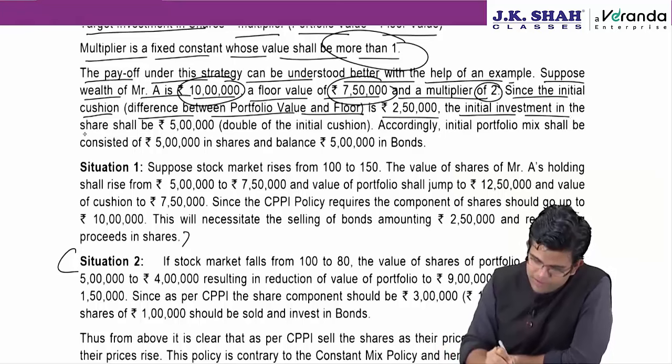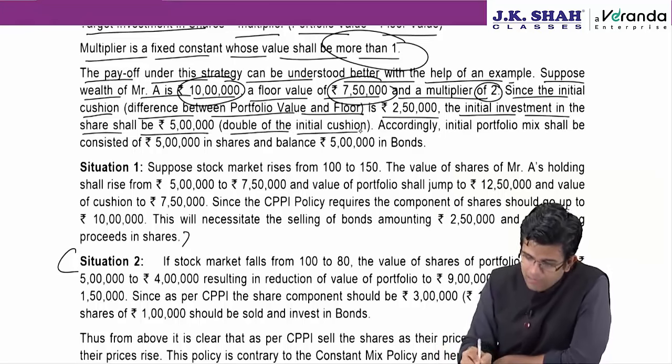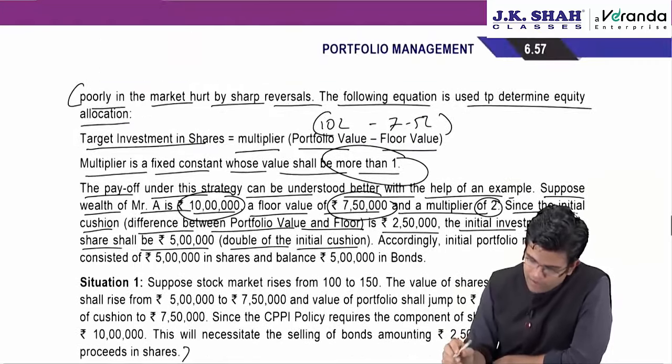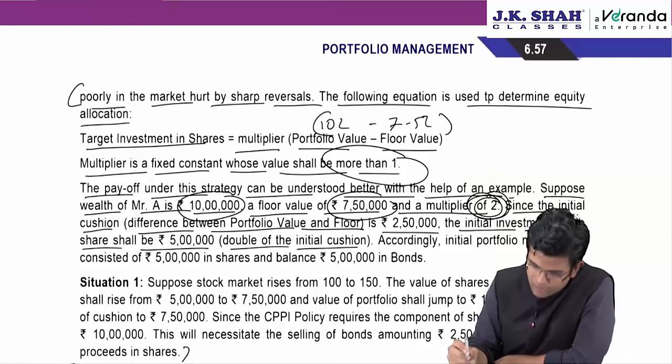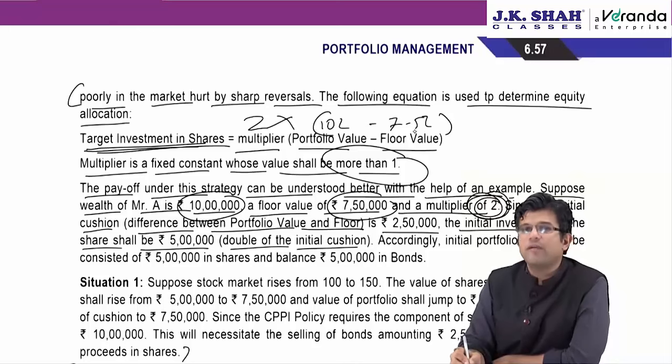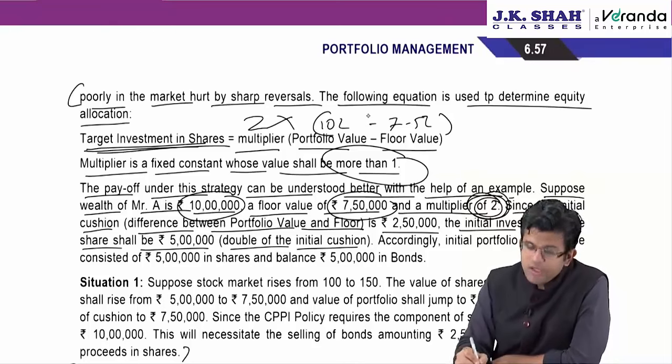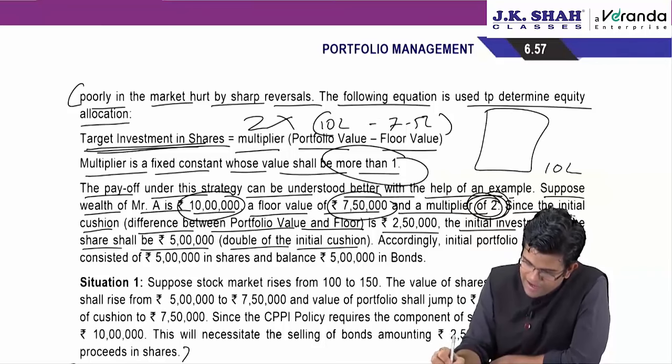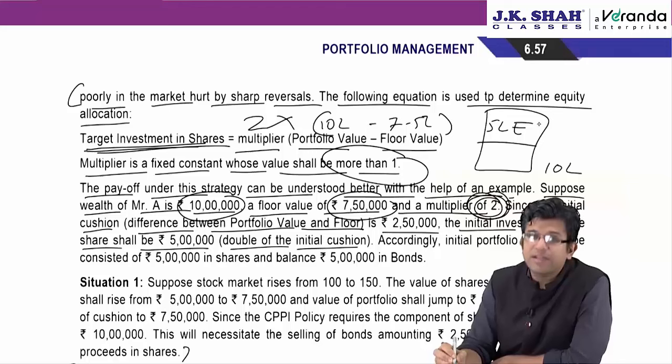The initial investment in the share shall be 5 lakh, double of the initial cushion. Why double? Because they are saying the multiplier should be 2. So investment in shares will be multiplier into portfolio value minus floor value: 2 into 2.5 lakh, that is 5 lakh. That means out of 10 lakhs, 5 lakhs he will invest in equity and 5 lakhs he'll invest in debt.